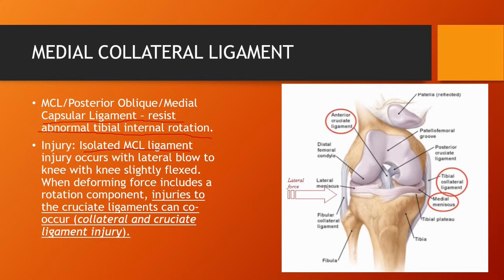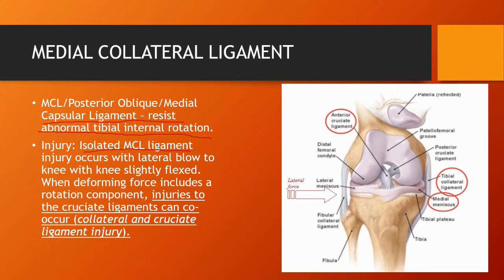And when the deforming force includes a rotation component, as it many times does, injuries can include the entirety of the medial ligament complex, as well as injury to the cruciate ligaments. Both the anterior and posterior cruciate ligaments can simultaneously occur.